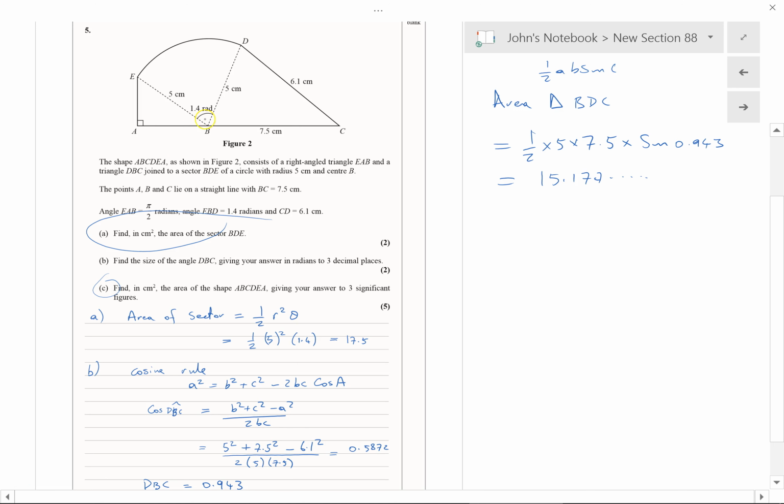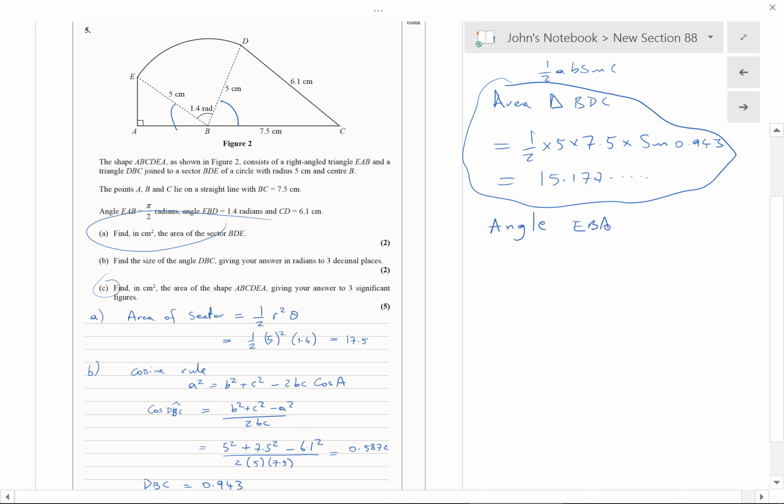But we do know this angle, so we can work this angle out, and then we can work out the area of the triangle.